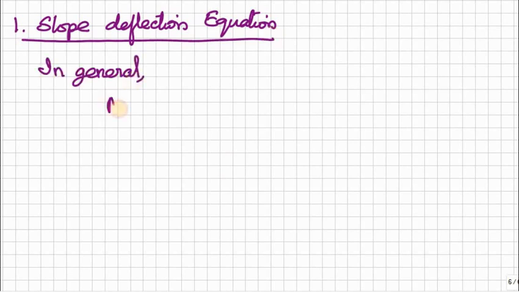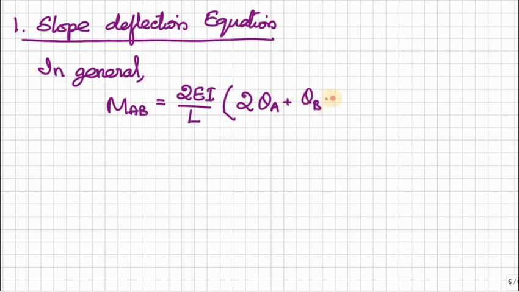In general, the expression for the slope deflection equation is MAB is equal to 2 times EI divided by L into 2 times theta A plus theta B minus 3 delta divided by L, then plus the fixed end moment MFAB.